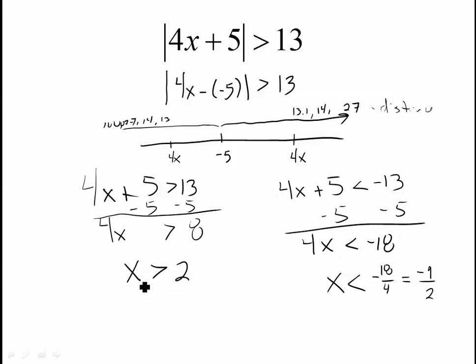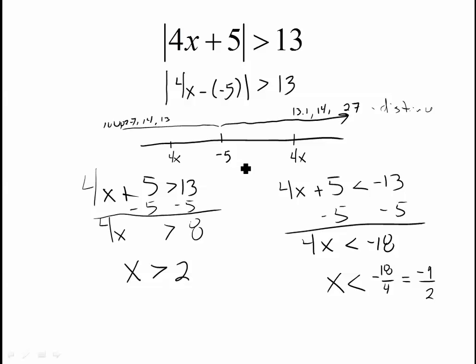So this means that if I went 13 units exactly, I would be at 2 times 4, or 8. That makes sense, right? If I were to go from negative 5 to positive 8, I would travel exactly 13 units.